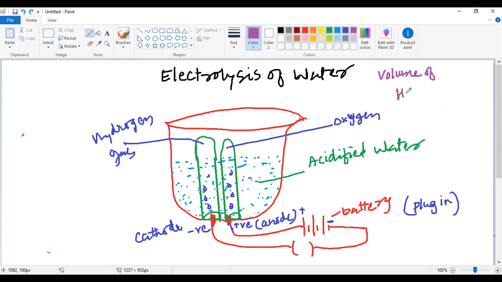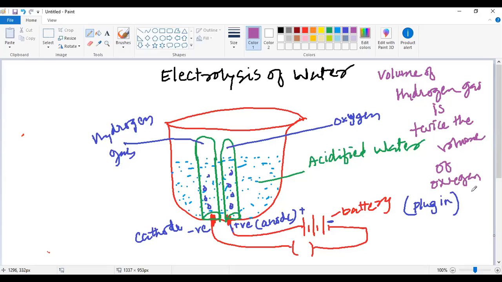Volume of hydrogen gas is twice the volume of oxygen gas. So this is how, my dear students, we truly understand the electrolysis of water. Please remember that we get two gases, hydrogen and oxygen, respectively at the cathode and anode.